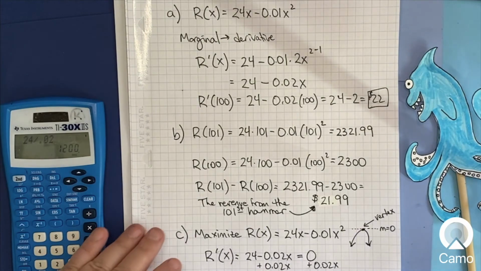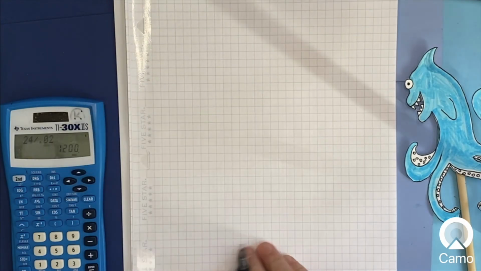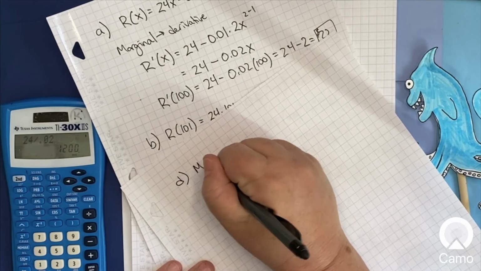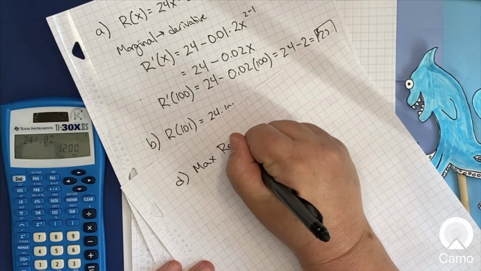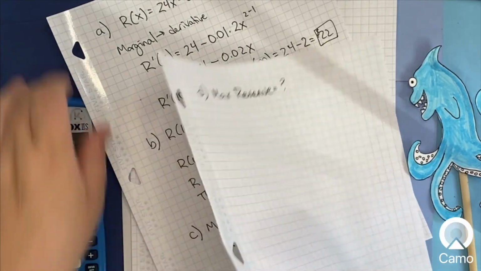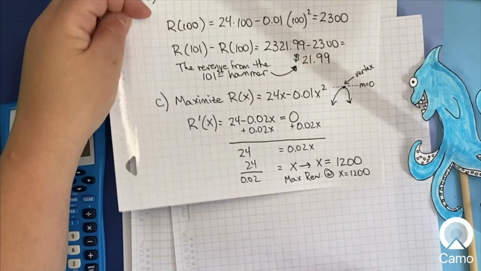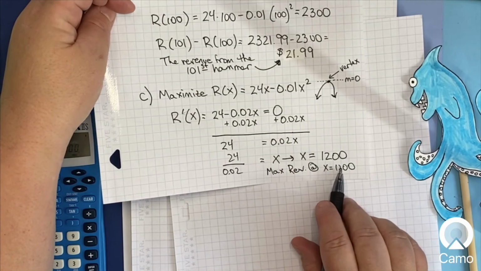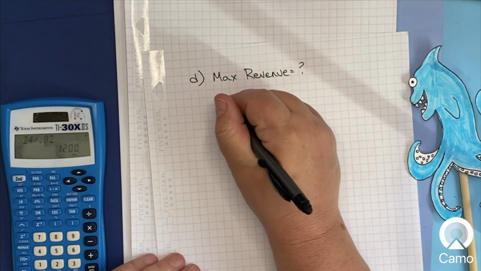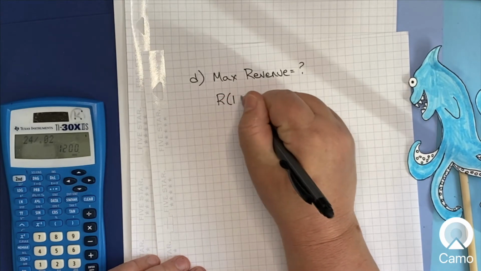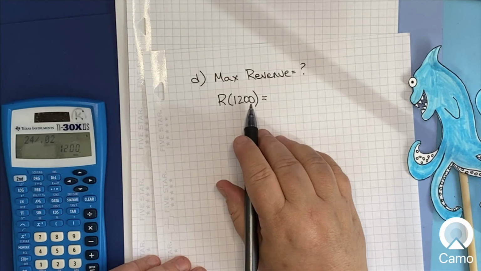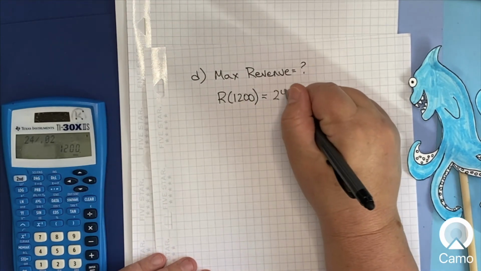So to find the maximum revenue in part D, what I have to do is take the 1,200 hammers and plug them into the original revenue function, which would look like this.